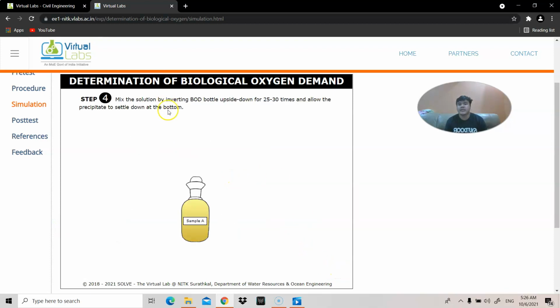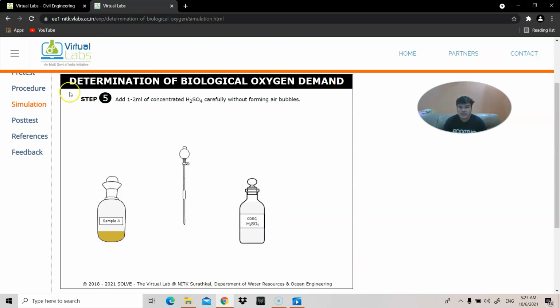Next, step 4. Mix the solution by inverting the BOD bottle upside down 25 to 30 times and allow the precipitate to settle down at the bottom. Allow the precipitate to settle down for a few minutes. Step 5.